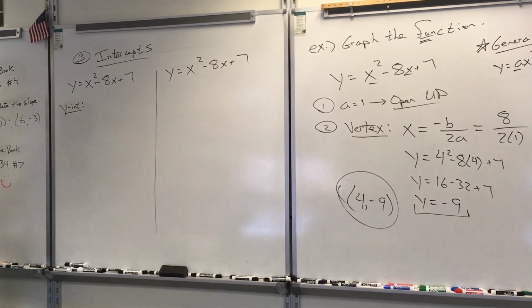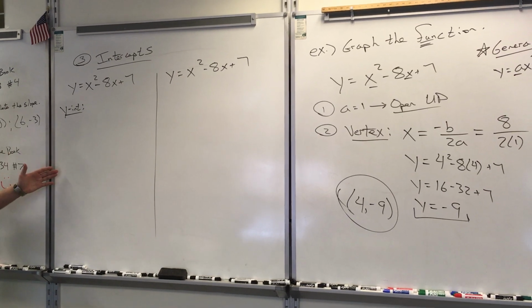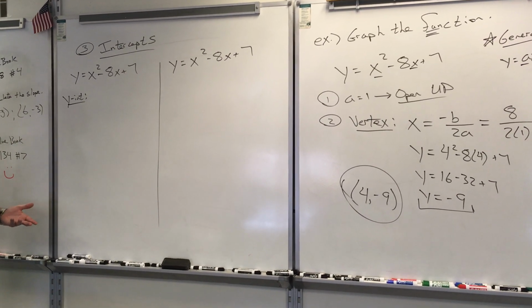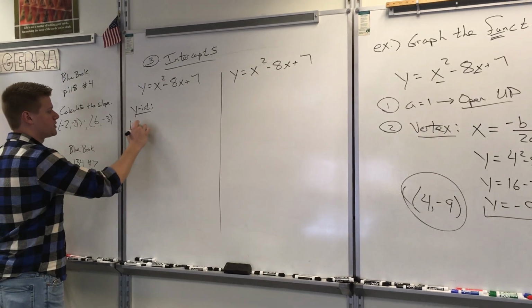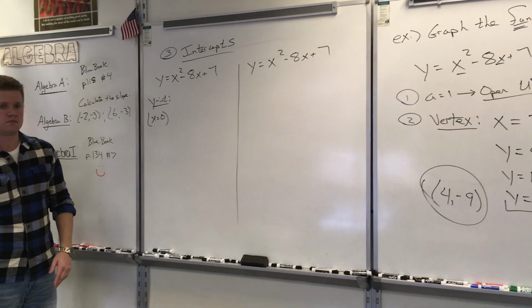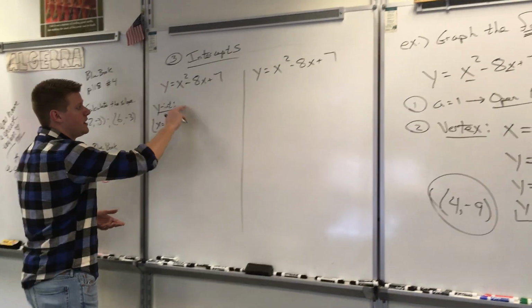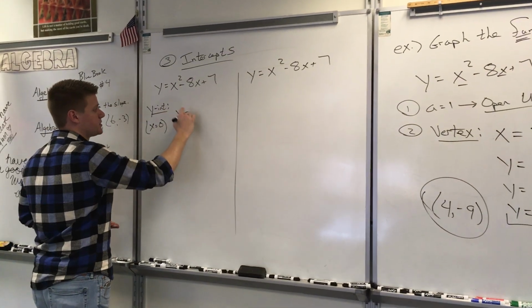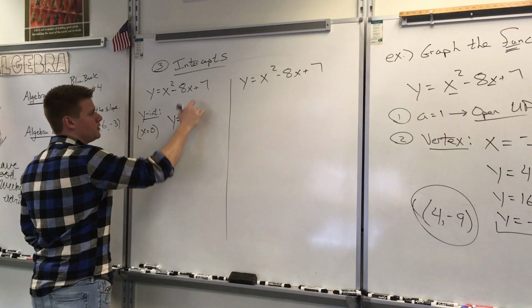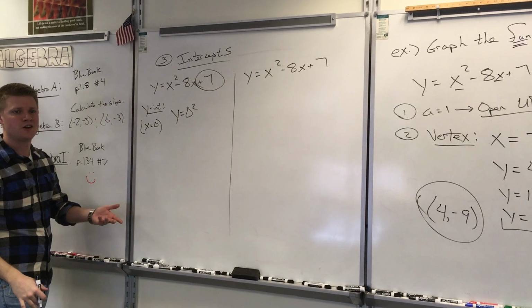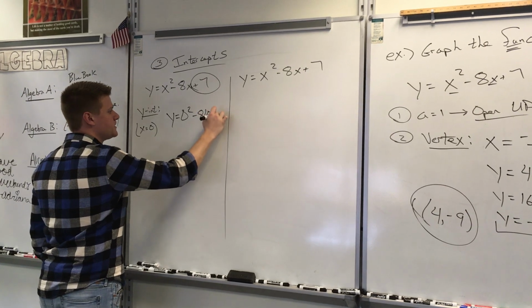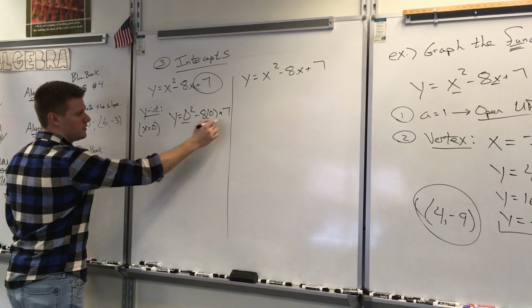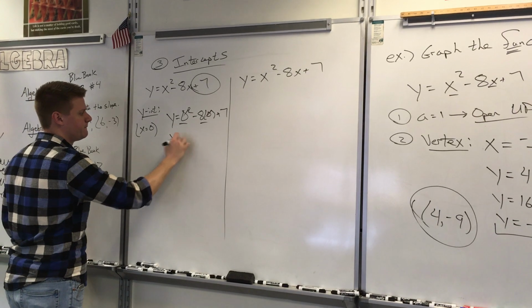Remember, going back to old ideas, intercepts are found because of how they're defined. I know that to be a y-intercept, it must have an x-coordinate of 0. So that's how I start the process here. Now, this one I'm going to write out just for this particular example, but you can pretty well assume it's always going to be that number at the end when we're in general form, because 0 squared minus 8 times 0 plus 7, those are just going to drop out.